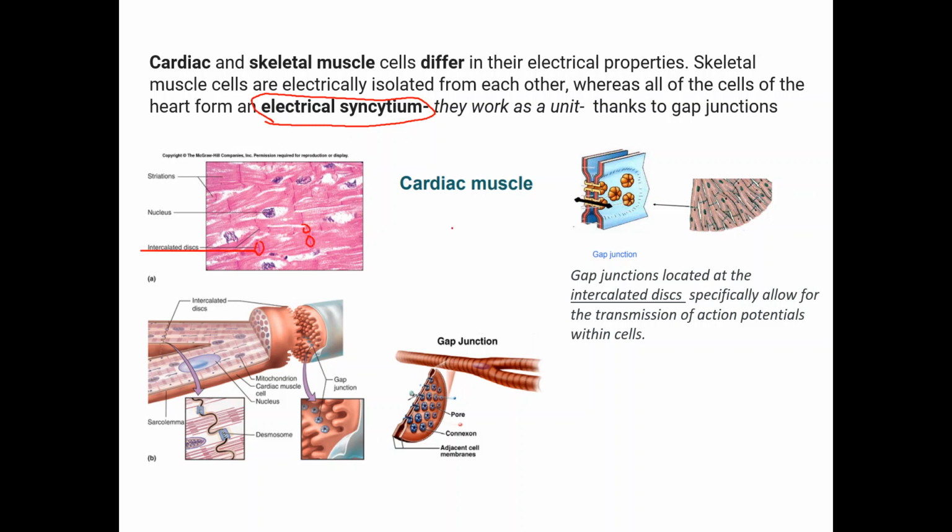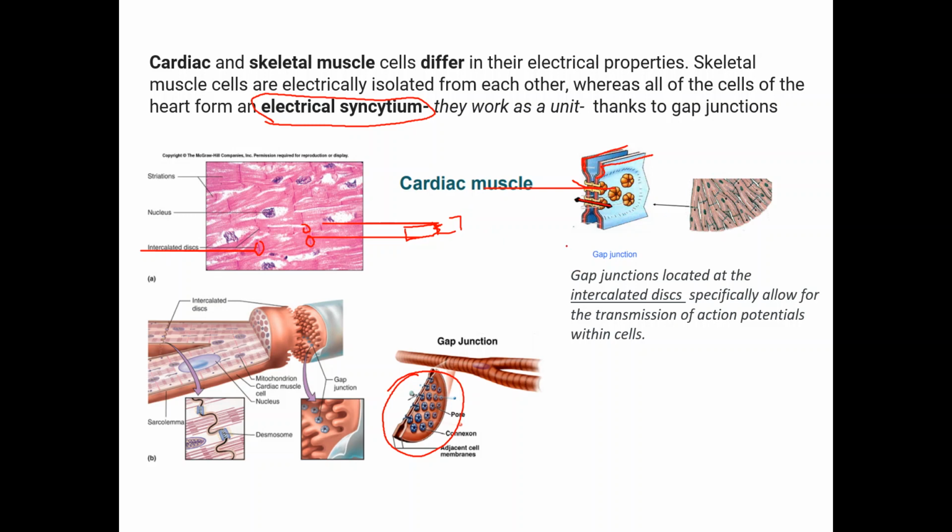These are the points of connection between the various cardiac cells, and it's important to know what's happening in them. Shown also here, this is the membrane of one cell, and this is the membrane of another. What's happening there is that there are gap junctions.